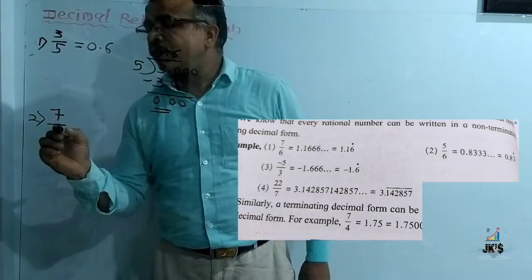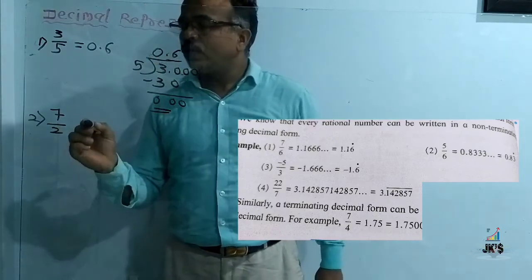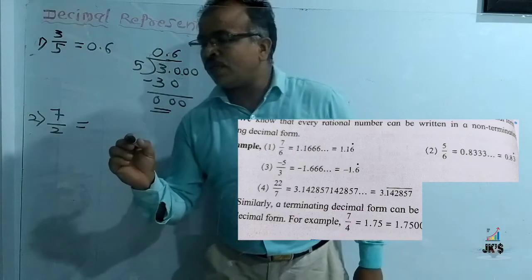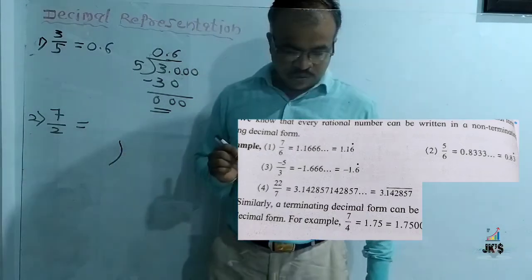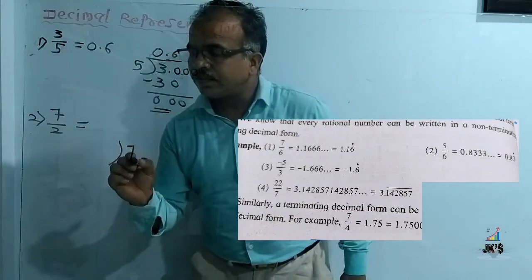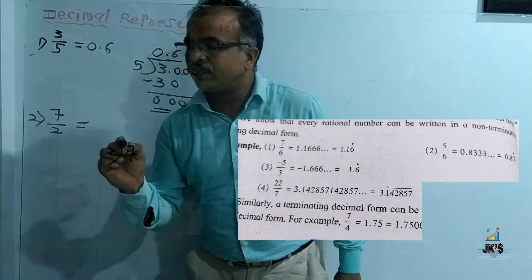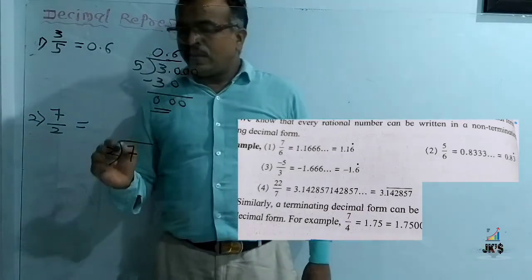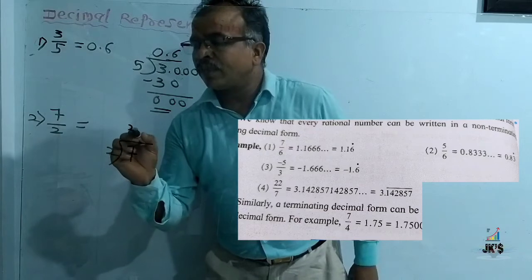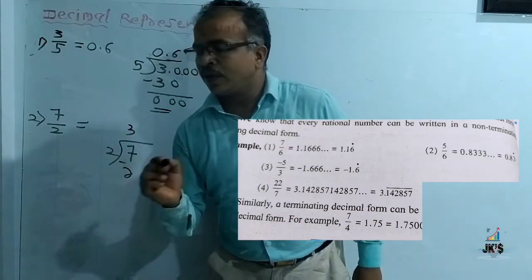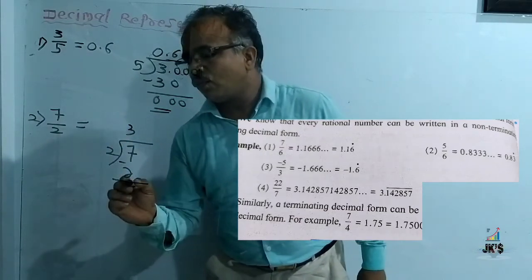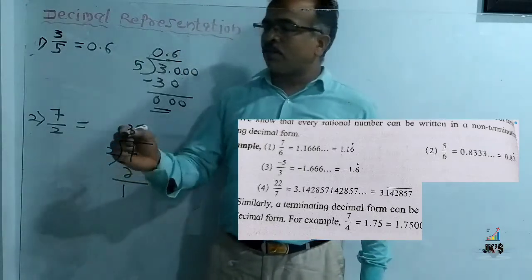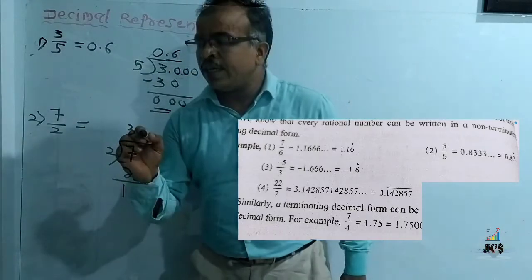Similarly, we take one more example, 7 by 2. We have to divide 7 by 2. 2 threes are 6, 1 remains. 1 is smaller than 2, so we take the decimal here.